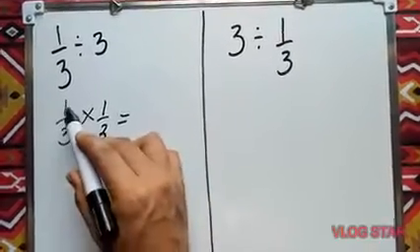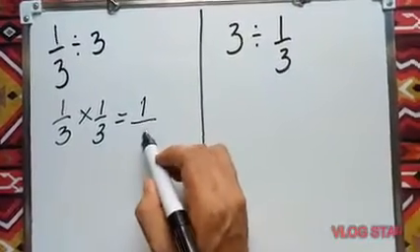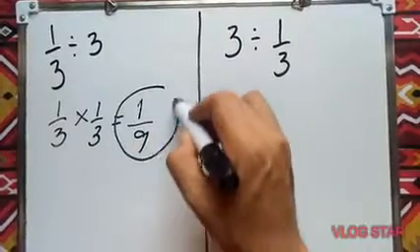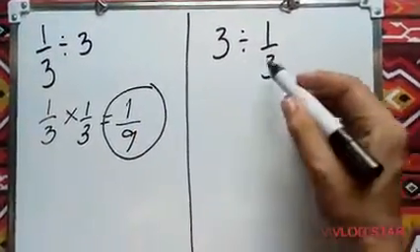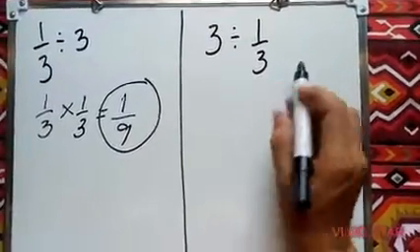So multiply the numerator, then multiply the denominator. 1/3 divided by 3 is 1/9. Next, 3 divided by 1/3.